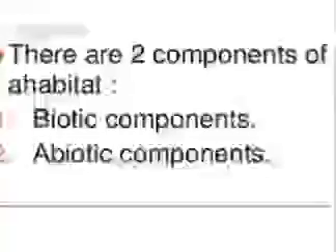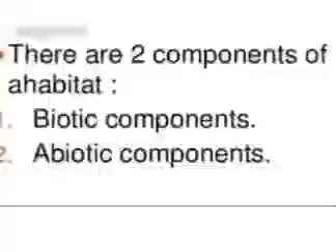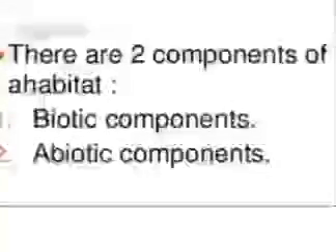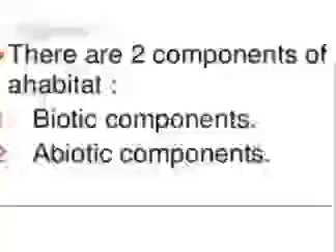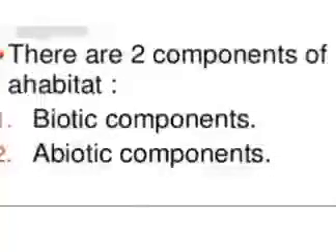Now, since we have studied all the different kinds of habitats, we can say that there are two different components of a habitat. One is the living things and another is the non-living things present in a particular habitat. These are the biotic and the abiotic components of a habitat.